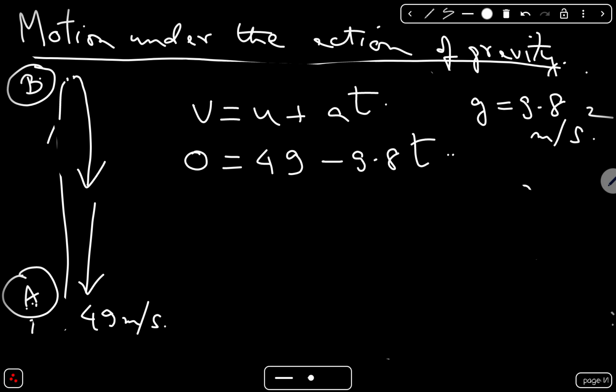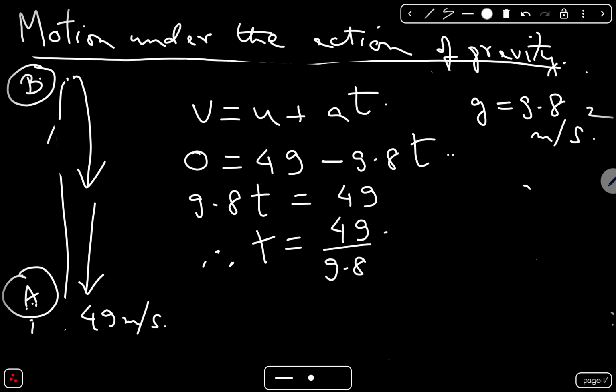If I take minus 9.8 t to the other side, it will become 9.8 t is equal to 49. Therefore time taken to reach the top will be equal to 49 divided by 9.8, which is equal to 490 divided by 98. So I am getting time is 5 seconds. Is that clear? So time taken to reach from point A to the highest point B is 5 seconds.